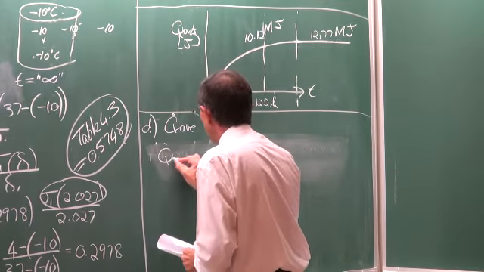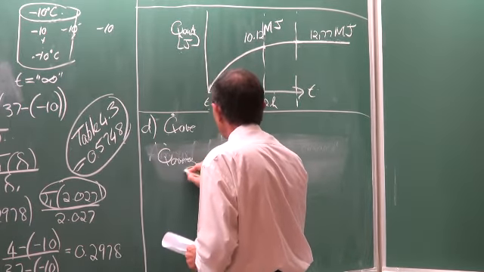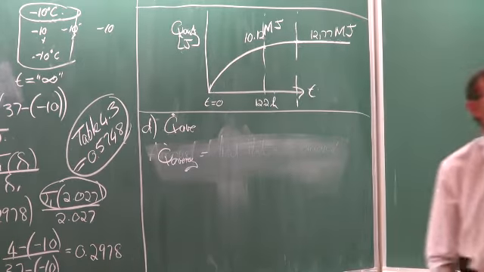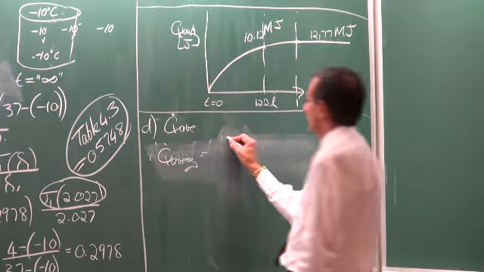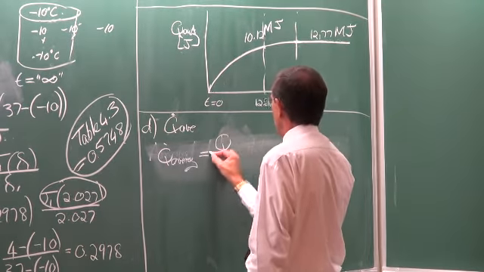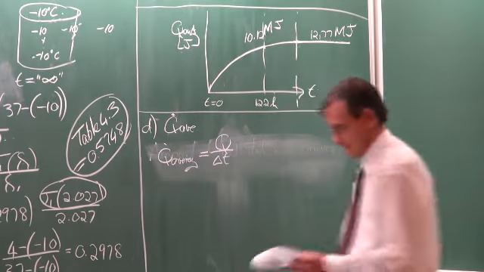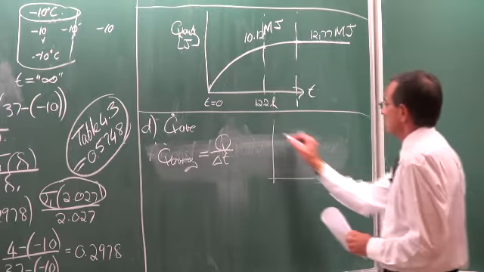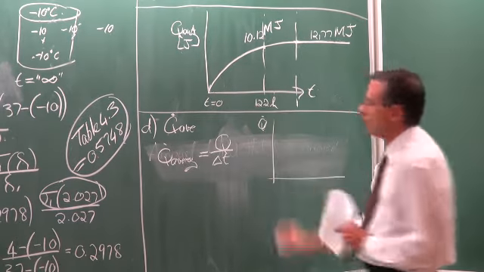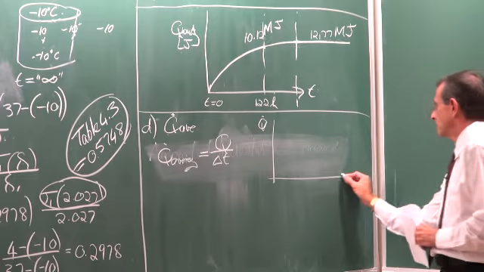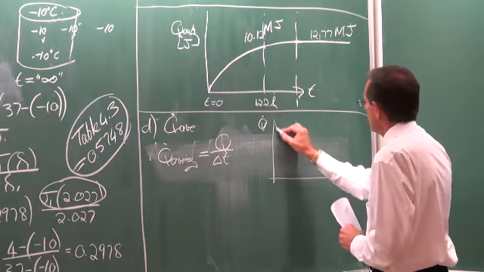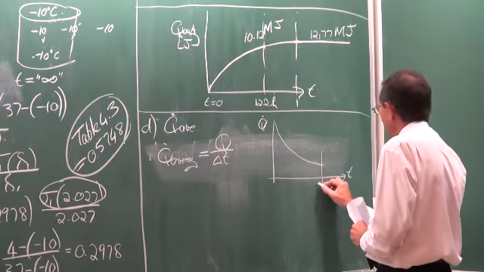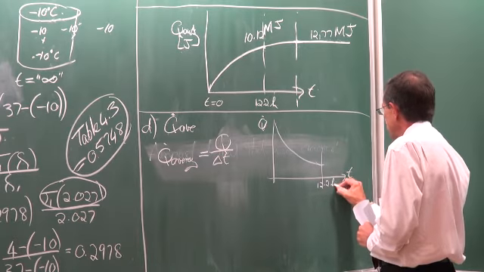The average heat transfer rate would be the amount divided by delta T. In terms of our graph, the heat transfer rate as a function of time does something like that, up to 12.2 hours.